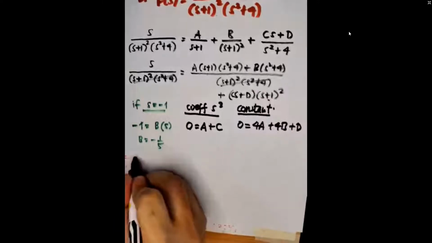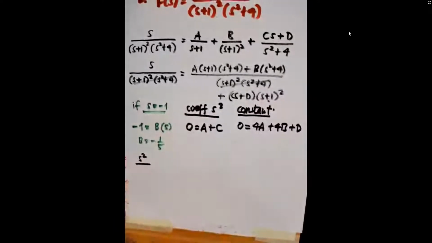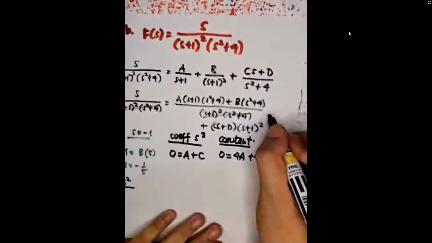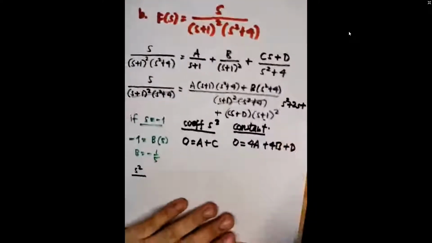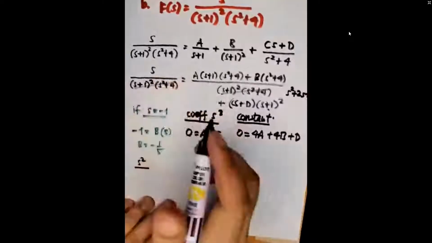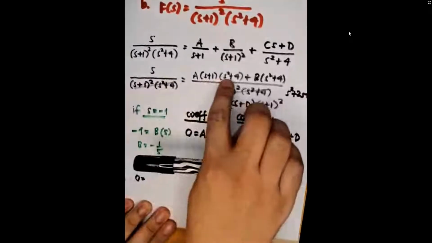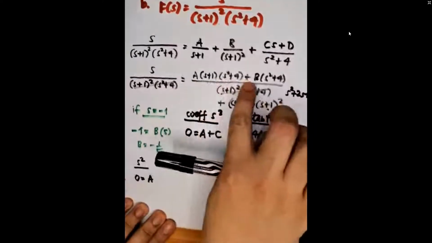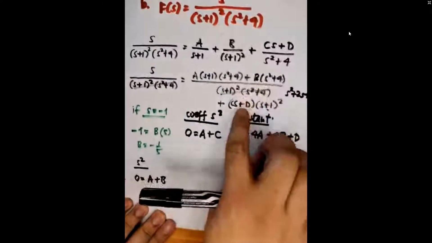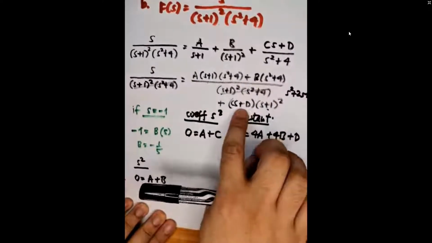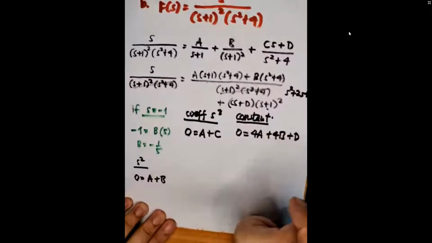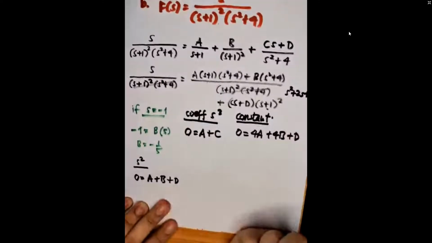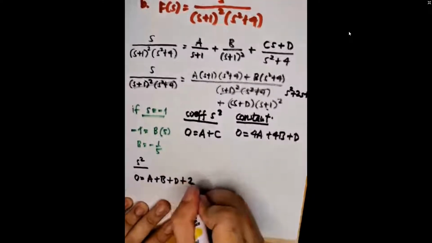Coefficient naman ng s squared. Kasi ito ay s squared plus 2s plus 1. Kung s squared, so ito ay 0, is equal to, dito magkaka-s squared, A plus B plus D plus 2C.